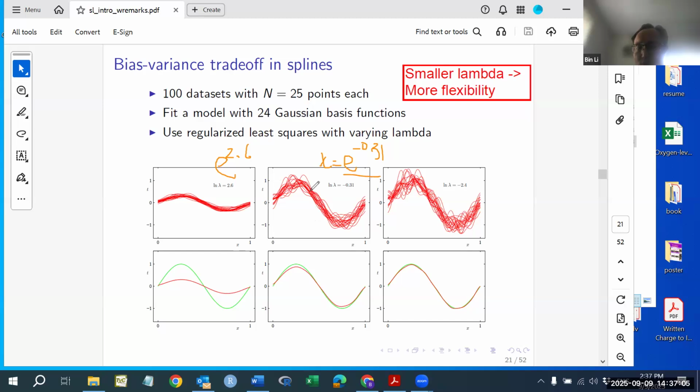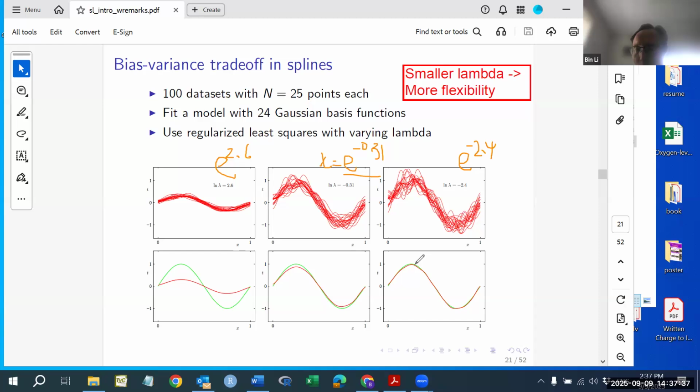And you can see these fitted models are more flexible, and the average of these 100 models is very close to the truth. So you can see when the model becomes more flexible, the bias decreases. And similarly, if we further reduce the lambda to negative 2.4, this is the smallest among these three.